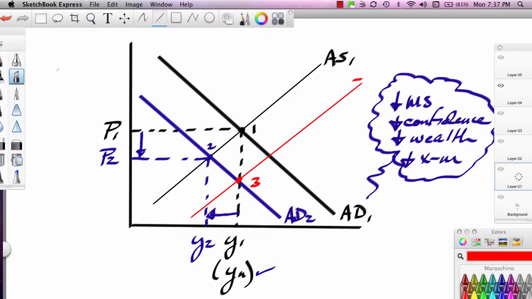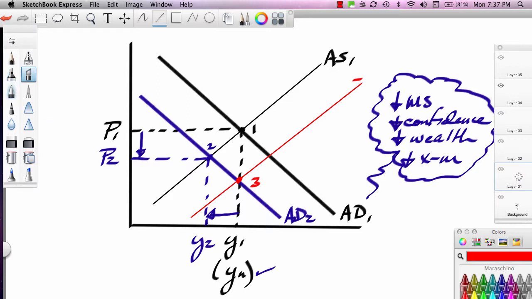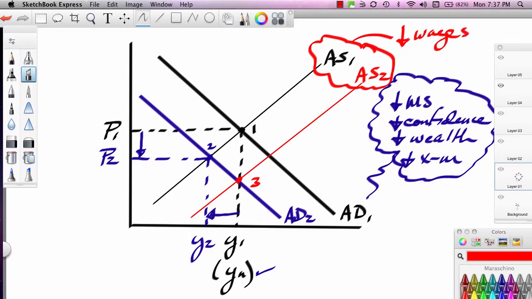Sorry about that. Let me clean that up real quickly. We'll call this AS2. Now why did the AS curve shift to the right? Well, this is due to lower wages. Now folks, this is not just a few industries taking pay cuts.